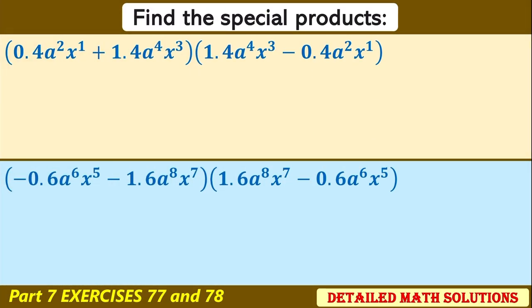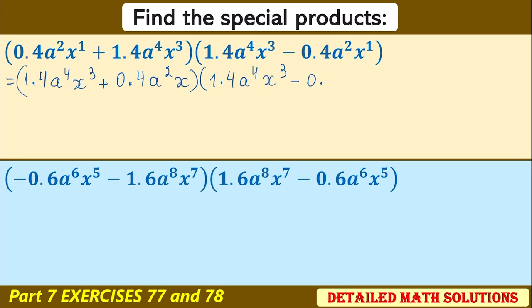In the first exercise, I need to switch the places of the two terms within the first parentheses. This way I'll be able to use the formula. When I do that, this can be written as (1.4 a to the fourth power x to the third power plus 0.4 a squared x) multiplied by (1.4 a to the fourth power x to the third power minus 0.4 a squared x).